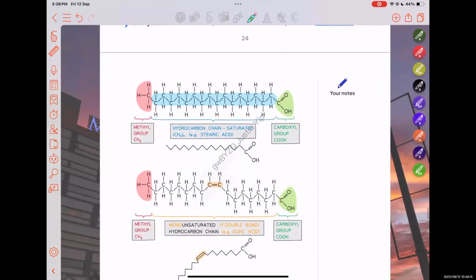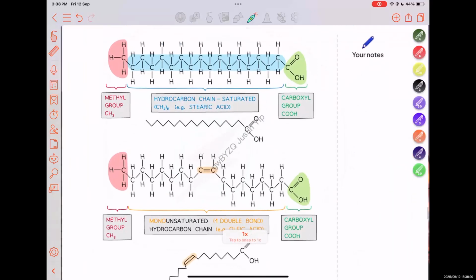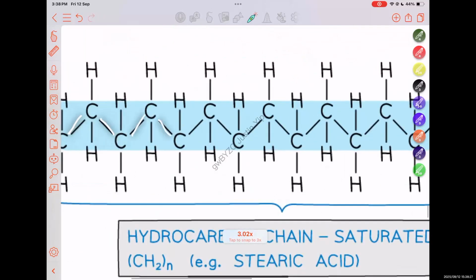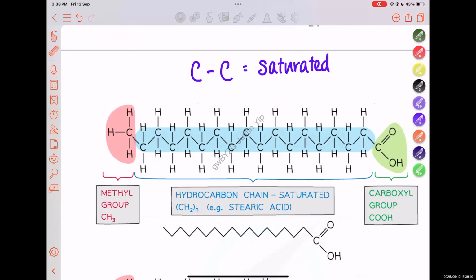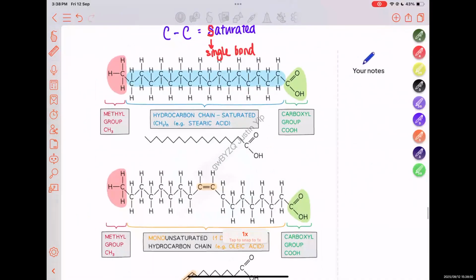Here is the diagram they show you. If you got only single bonds, you see all of them are single bonds. Single bond means that you are saturated. Remember this word, saturated: S for single bond.